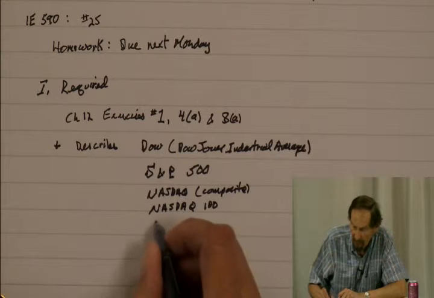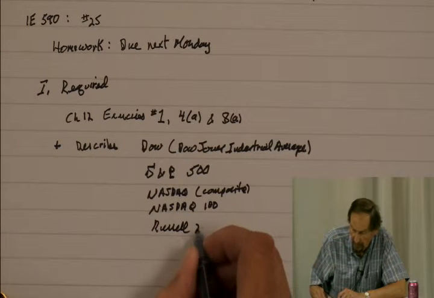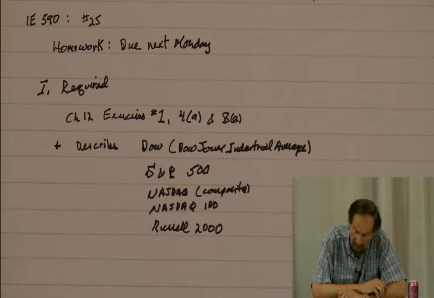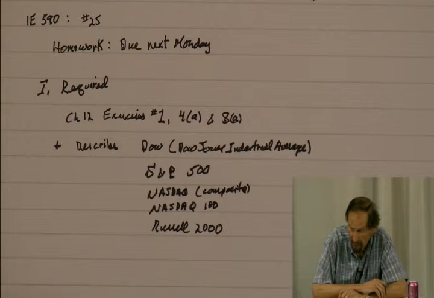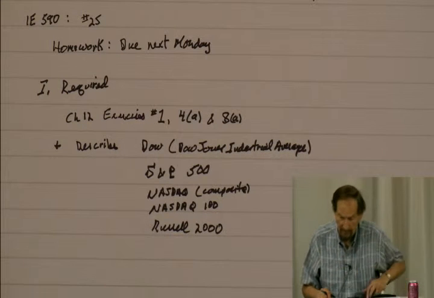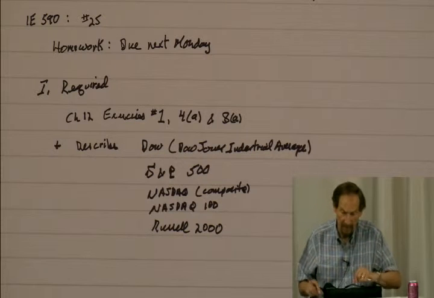And then the Russell 2000. All these indices will probably reach new highs today. They have reached new highs this past week. If they stay up today, they'll reach new highs.